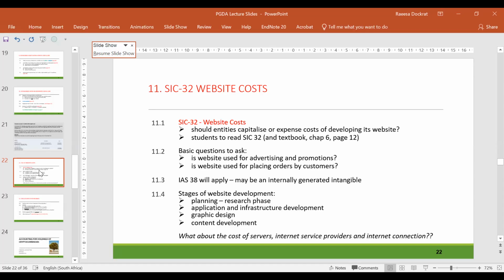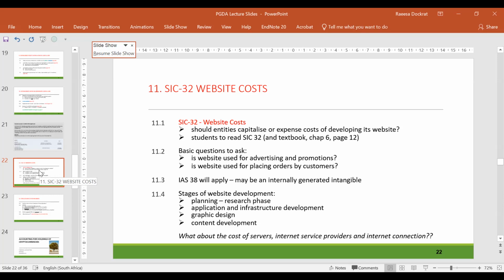We said that it needs to be identifiable, there needs to be control, and there needs to be future economic benefit. So together with these requirements, the recognition criteria of IAS 38 have to be met in order to recognize an intangible asset for a website. So, is it probable that future economic benefits that are attributable to the website will flow to the entity? And can the cost of the website be measured reliably?